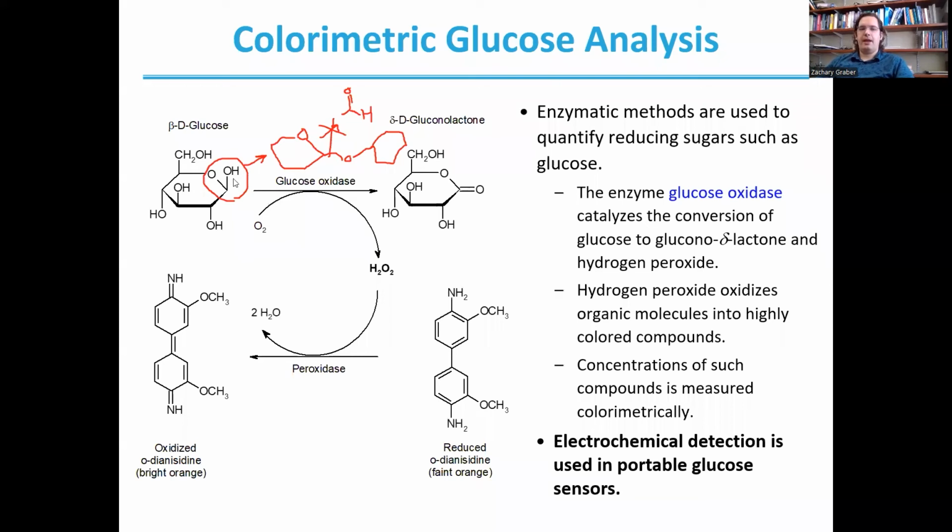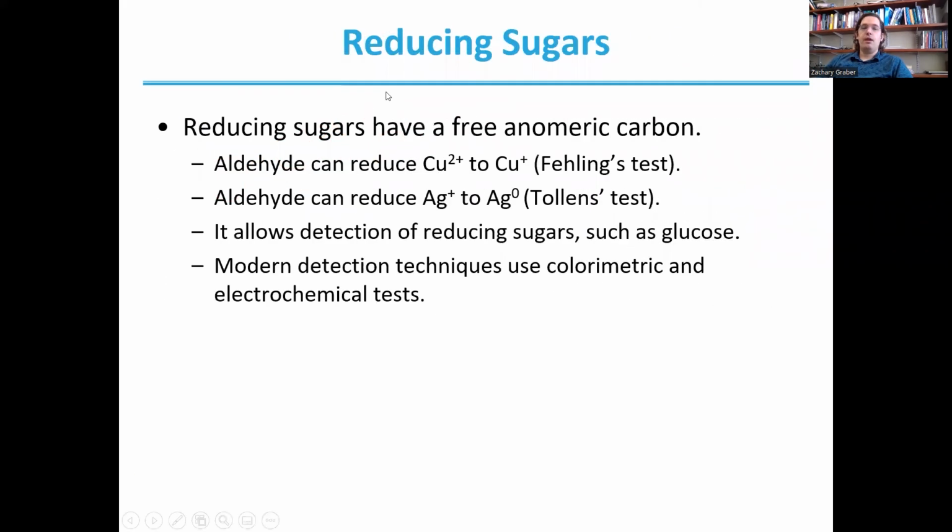So we have to have that free anomeric carbon that's not linked together with another sugar in order to carry out this sort of detection approach. We refer to this kind of sugar as a reducing sugar. So a reducing sugar is any sugar that has a free anomeric carbon that can then linearize and be oxidized in that reaction.